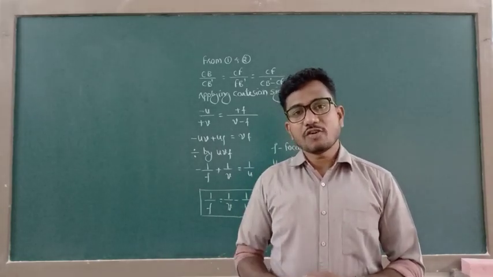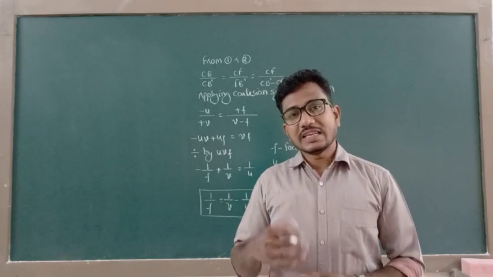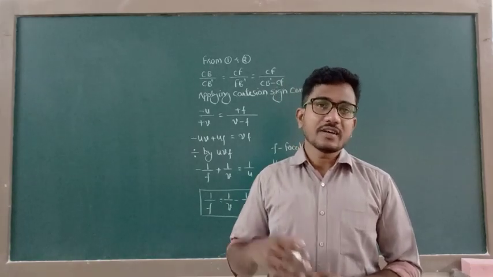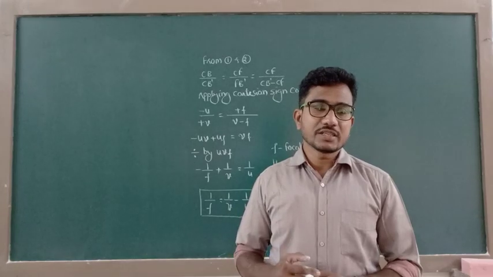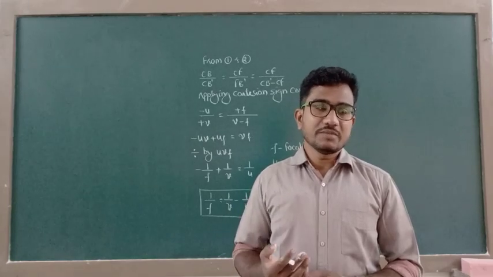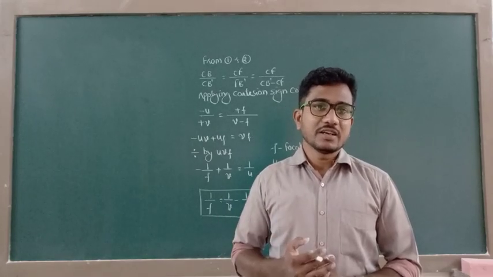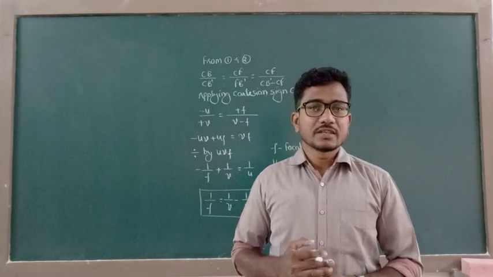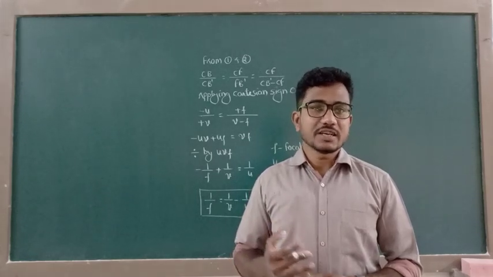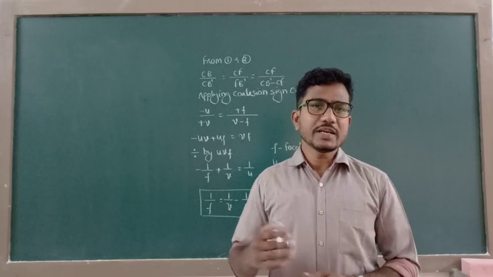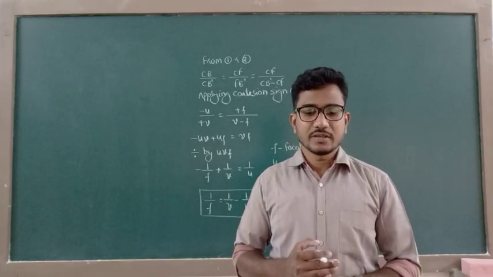Sometimes the image of the object is smaller in height, or sometimes the height of the image is greater than the height of the object. Sometimes we will get the same size of image, depending upon the position of the object.